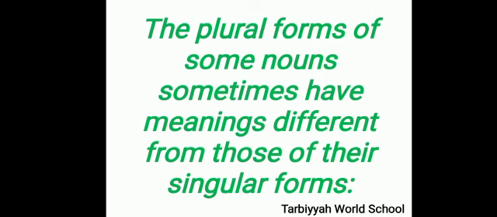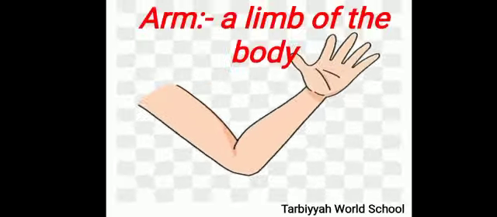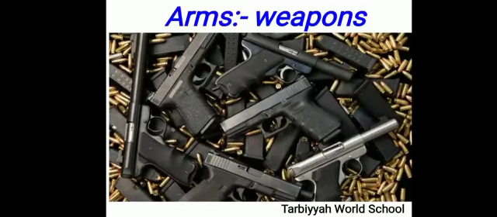So, the plural form of some nouns sometimes has a meaning different from that of their singular form. For example, arm. Arm means a limb of the body. Arms, plural, means weapons.